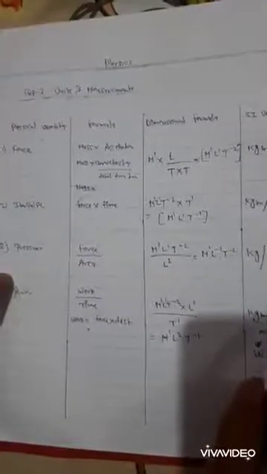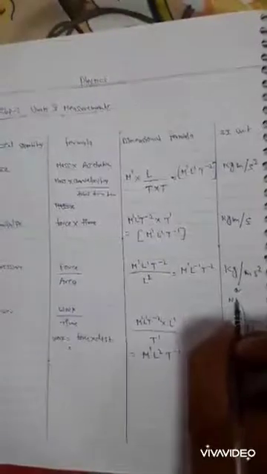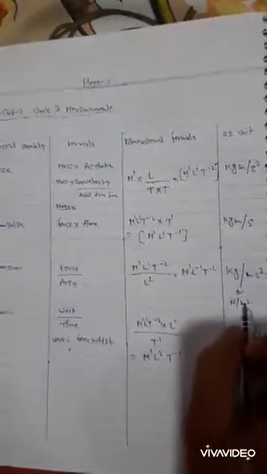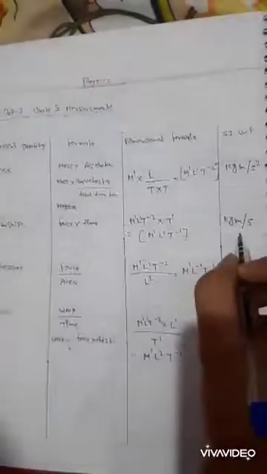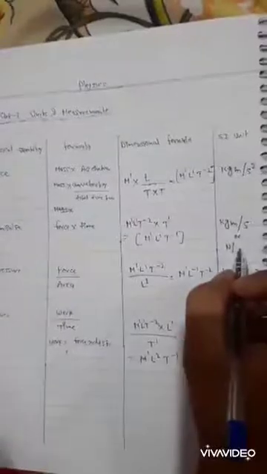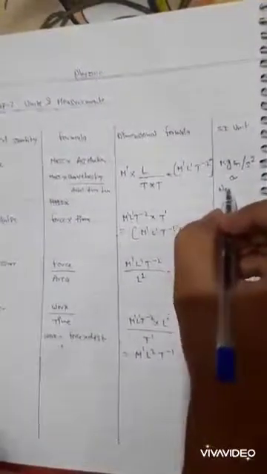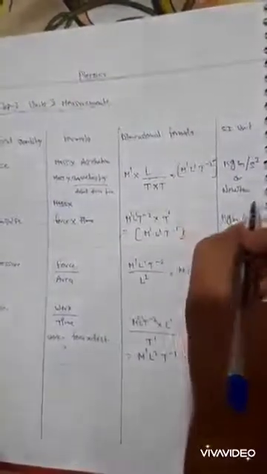Similarly, for pressure, you can write Newton per meter square. Similarly, for impulse, you can write Newton second, and for force you can write Newton.